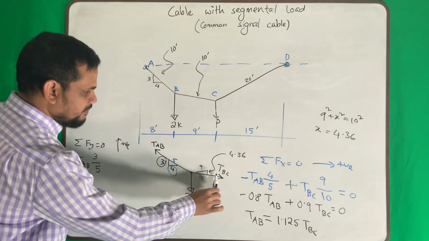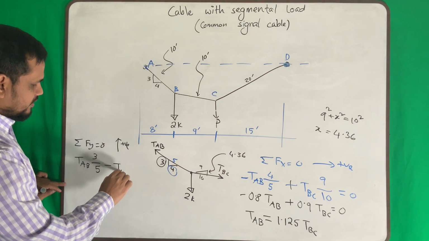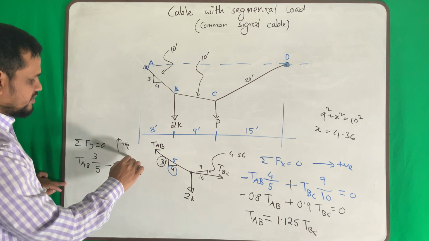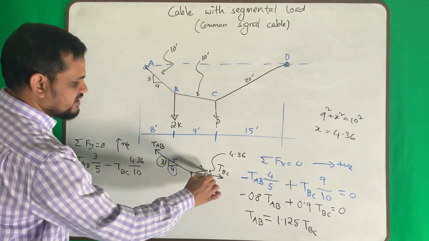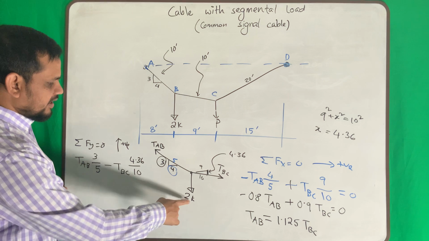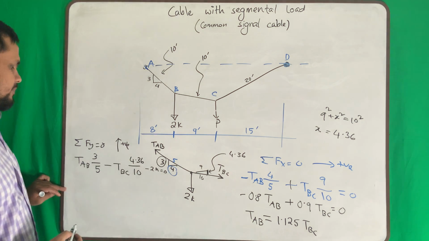Next force is BC. BC is going downward, so negative. So TBC divided by hypotenuse times my corresponding side 4.36. Now my side is this because I want vertical direction. Other force is 2 minus 2 kip is 0.